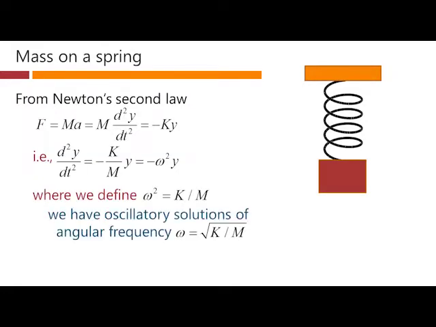And we now have oscillatory solutions of this equation. If we look at those oscillatory solutions, so that's something like sine omega t, they will have what we call an angular frequency omega, which is equal to the square root of k over m. So as I said, y proportional to sine omega t is one of the possible solutions of this.